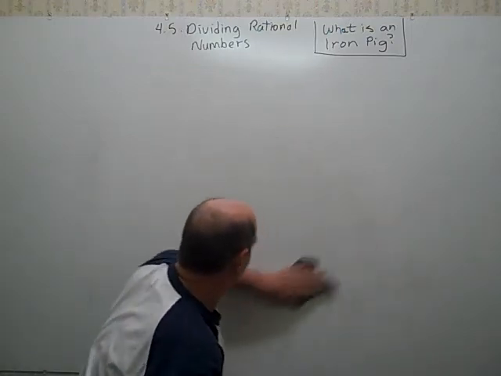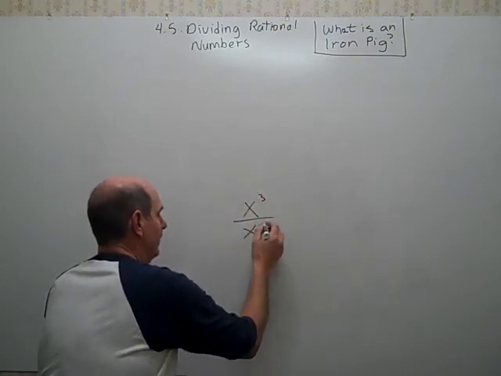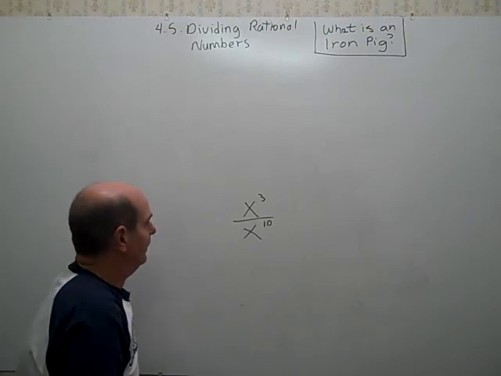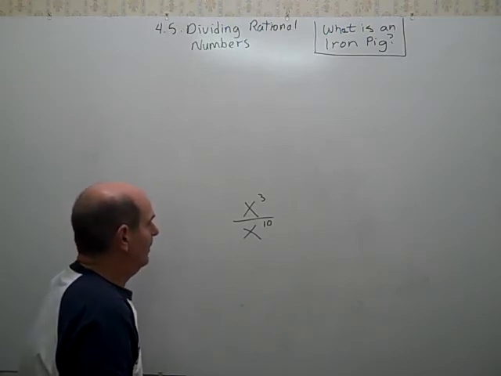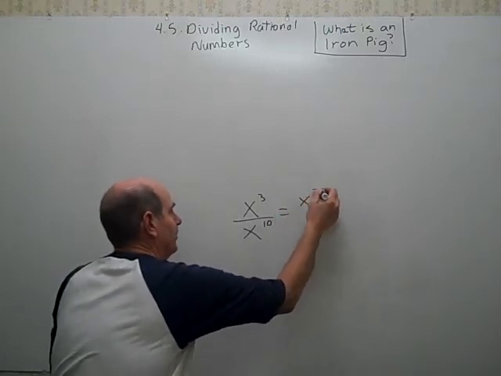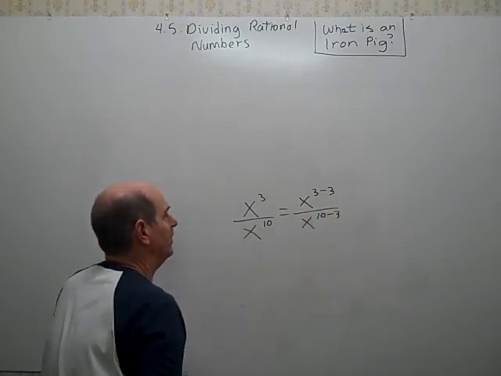Likewise, if I have x to the 3rd over x to the 10th, well, it's a little bit of a problem because you're going to get a negative number. You would get x to the negative 7. You can actually make it x to the 3 minus 3 over x to the 10, subtract the same number.